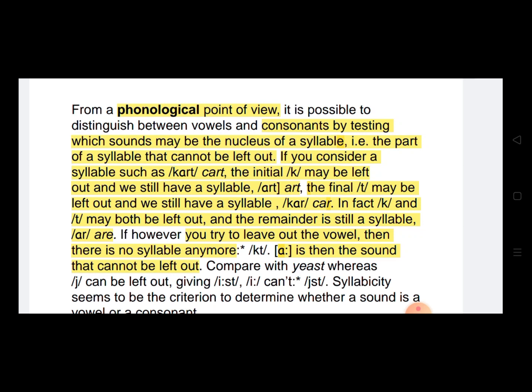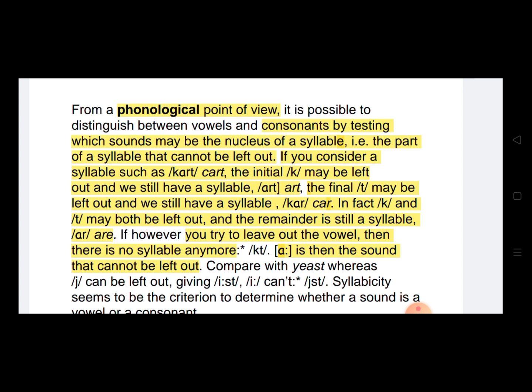If you consider a syllable such as cart, the initial k may be left out and we still have the syllable art, and the final t sound may be left out and we still have a syllable. So in fact k and t may both be left out, but the remainder is r.